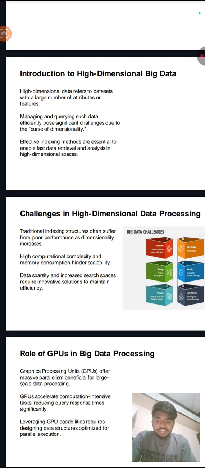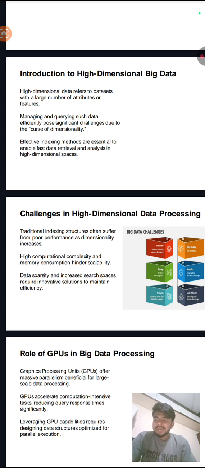The role of GPUs in big data processing is parallel indexing and high dimensional data handling. Parallel indexing means GPU aware indexing methods need to be designed to allow parallel construction, building the index in parallel across GPU threads or cores.